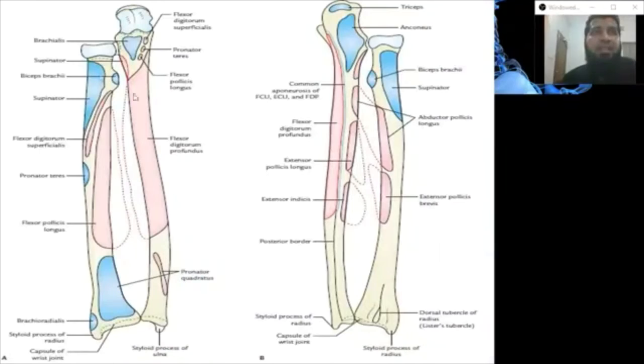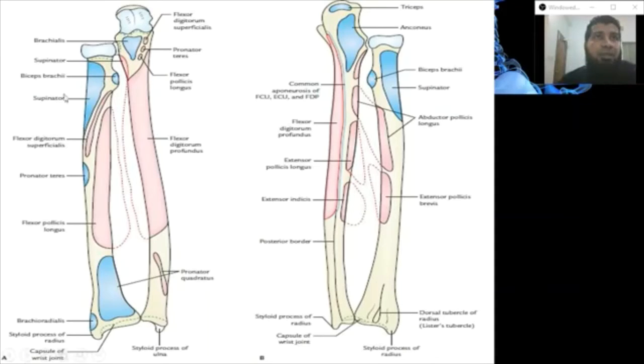Moving on to the muscle attachments. What muscles are important in case of radius and ulna? At the radial tuberosity, biceps brachii is inserted. Very much important question for you. What is the nerve supply of biceps brachii? It is the musculocutaneous nerve, coming from the lateral cord of the brachial plexus.